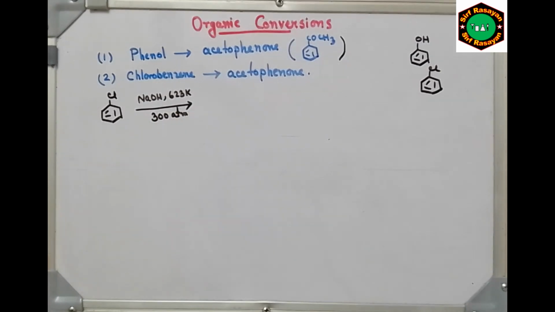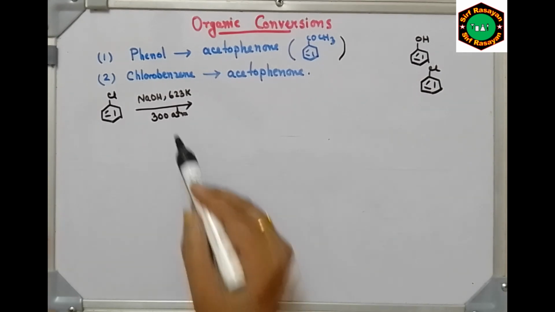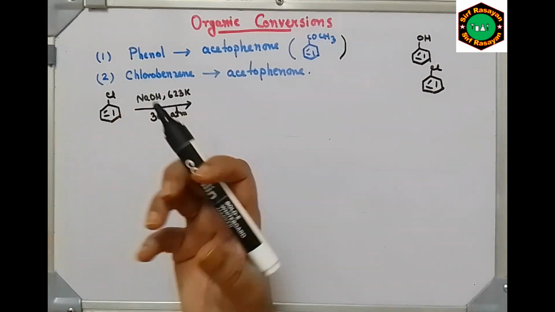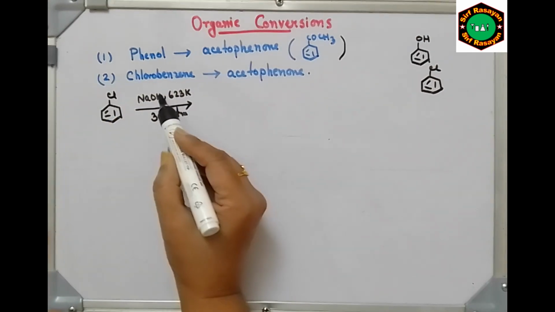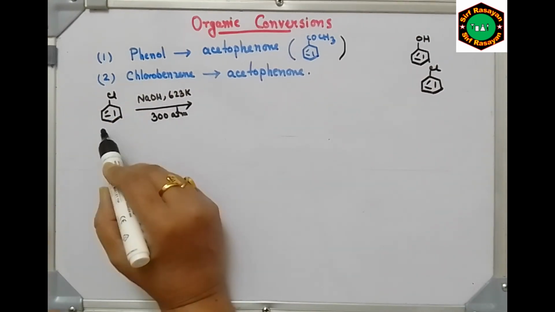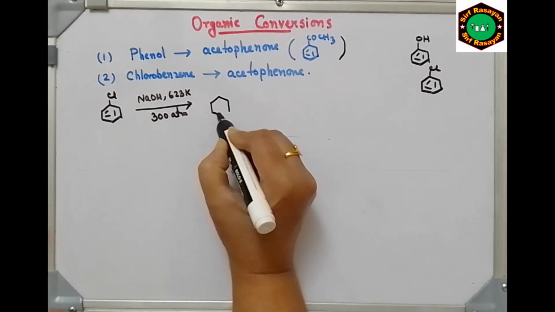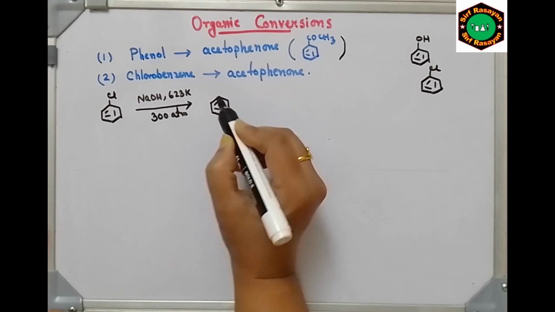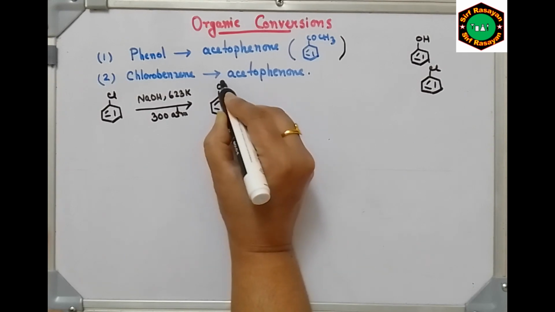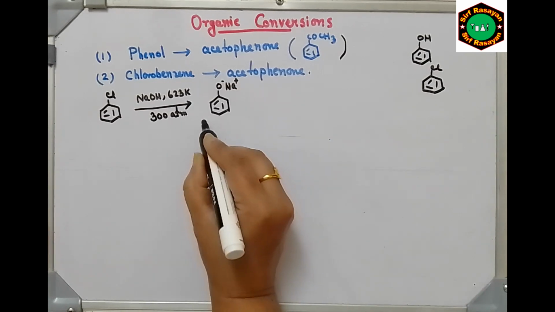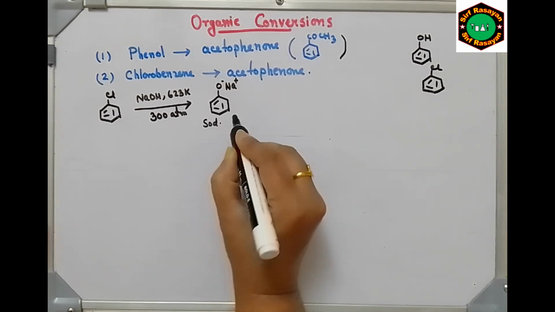So here nucleophilic substitution reaction will take place under vigorous condition, because you know in benzene itself pi electron density is there. So nucleophilic attack forcefully you have to do. So we will get here O minus Na plus. This is sodium phenoxide.